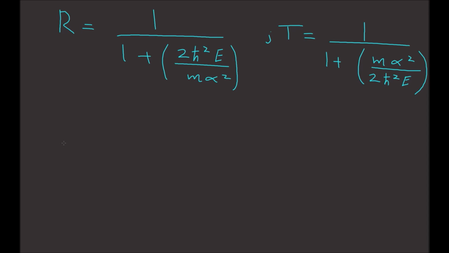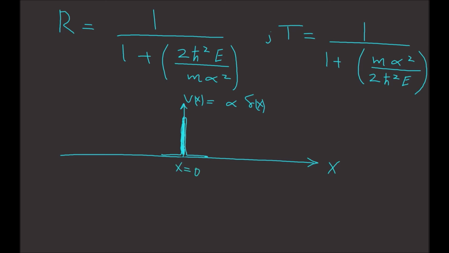If we look at the problem from the beginning, this is x, and this is our potential function, V of x, which is given by alpha times the delta function of x. It's infinite at x equals 0, and it's 0 everywhere else.